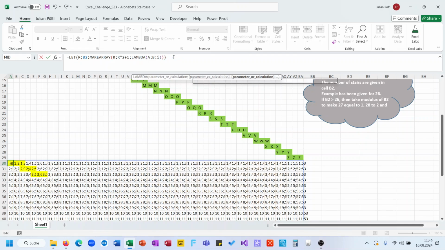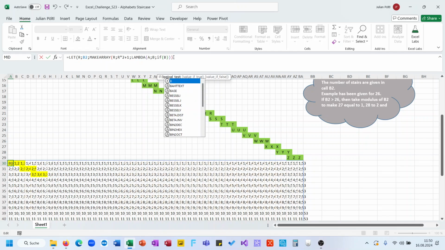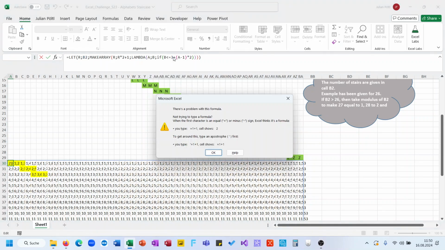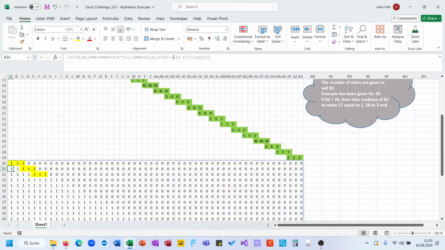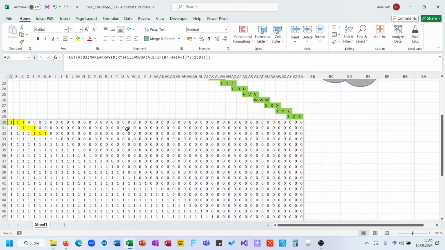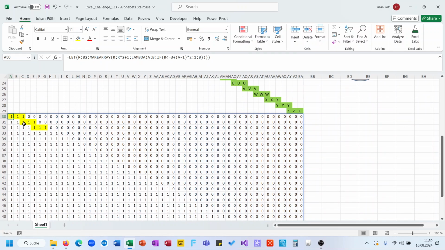If B is smaller or equal to 3 plus A minus 1 times 2, then you get here the ending.